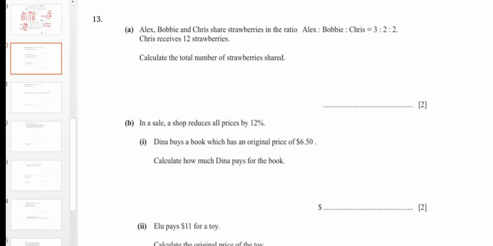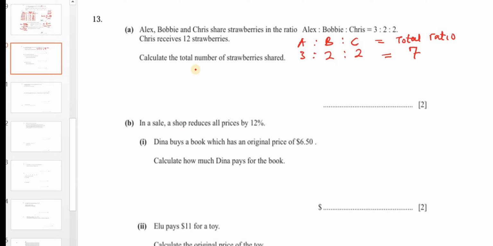We're given that the ratio of Alex to Bobby, using B for Bobby, then Chris, is 3:2:2, and the total ratio, when you add everything here, 3 plus 2 plus 2, will give us 7. And if Chris received 12 strawberries, then calculate the total number of strawberries shared.